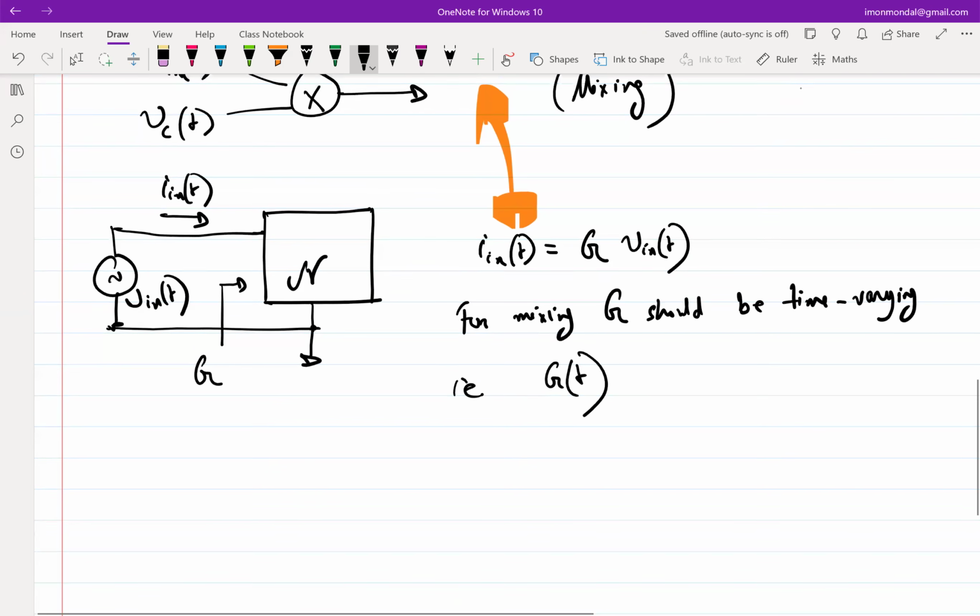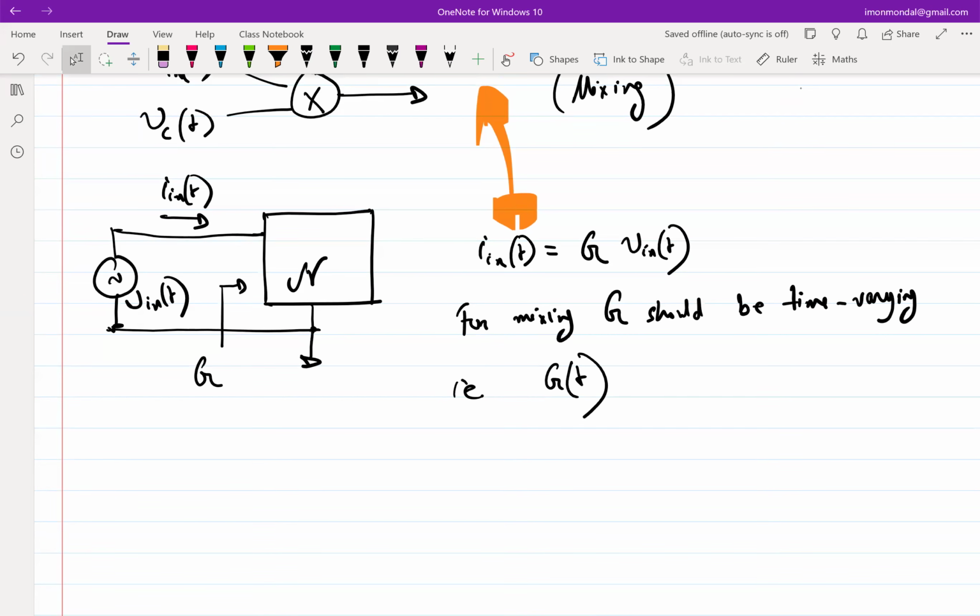So ideally, if we need G of t, now what type of time variance are you looking for here? When I say time variance, I can say that G of t is, let's say, 1 millisiemens now. After some time, it goes to 2 millisiemens and stays like that. Is that the kind of time variance you're looking for? Or is there any specific time variance you're looking for?